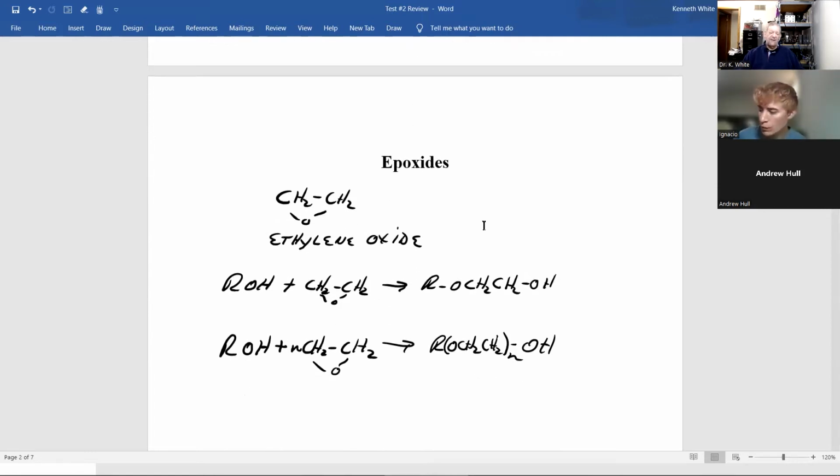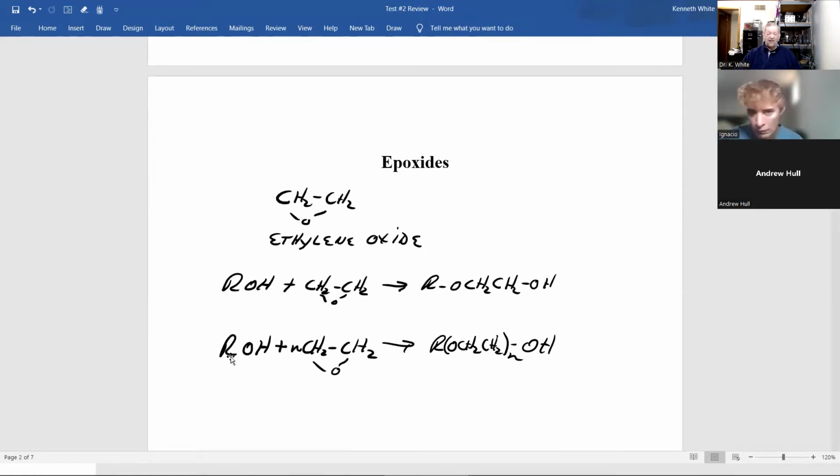Next, I talked about epoxides, really just one, ethylene oxide. I will never ask you to know the name of ethylene oxide, but there are two reactions I did teach you. One is if you take an alcohol and react it with one molecule or mole of ethylene oxide, you'll make the ether alcohol, ROCH2CH2OH.